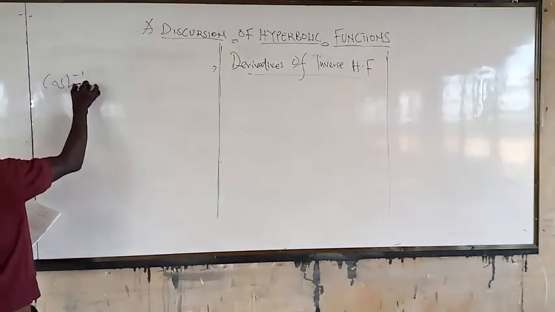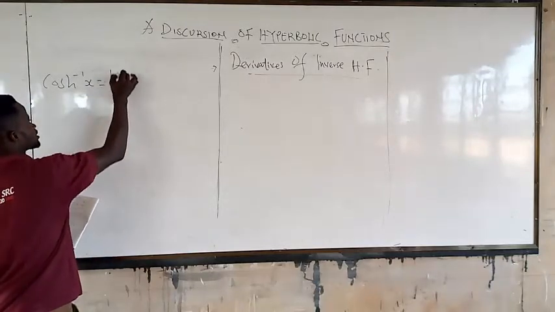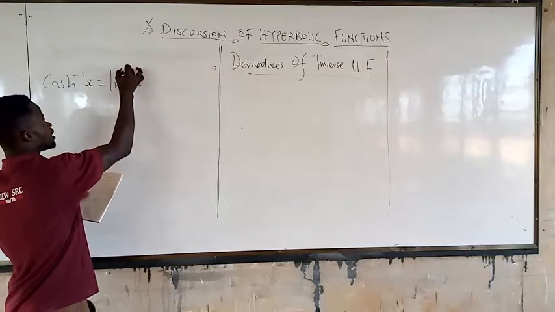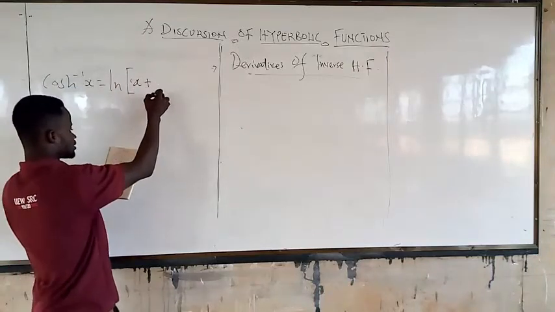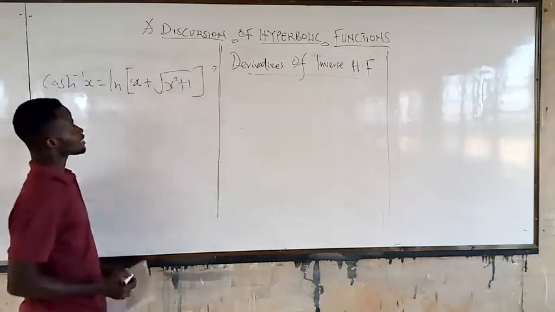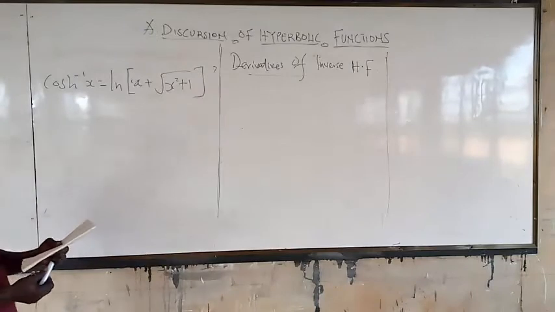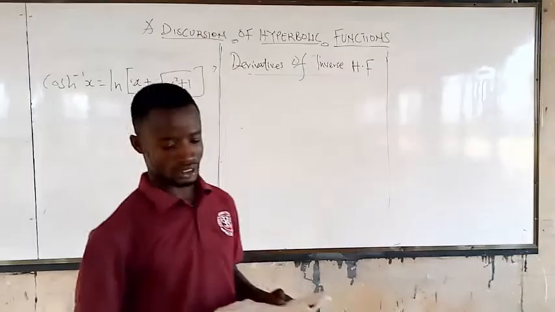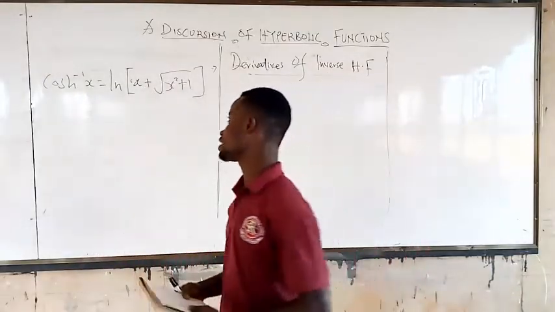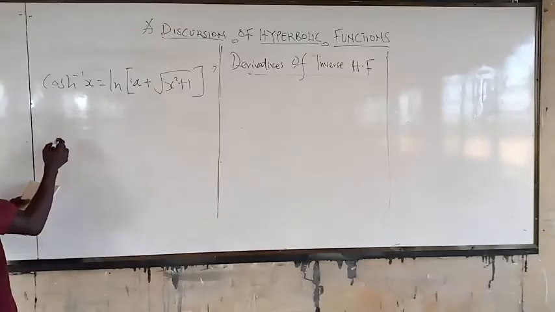Alright, so like what we did at first, let's first look at cos inverse of x. We know that cos inverse of x is the same as ln of x plus square root of x squared minus 1. Good. So if you want to take the derivative of cos inverse, let's first take the derivative of both sides.